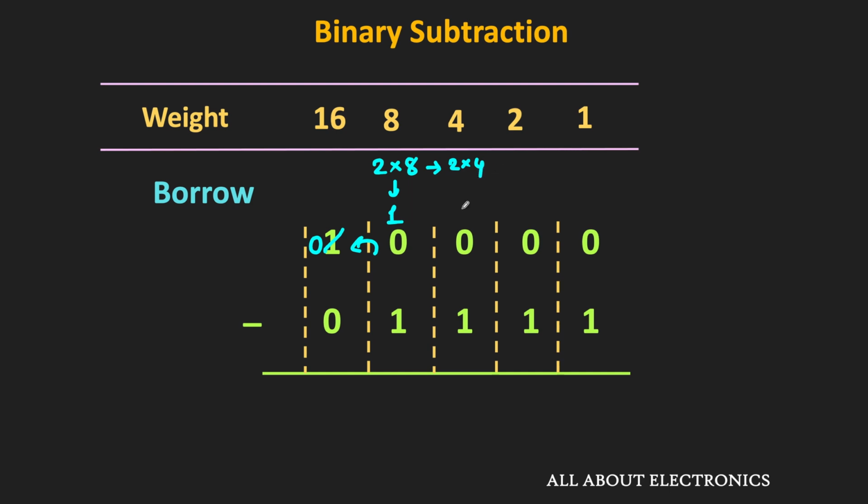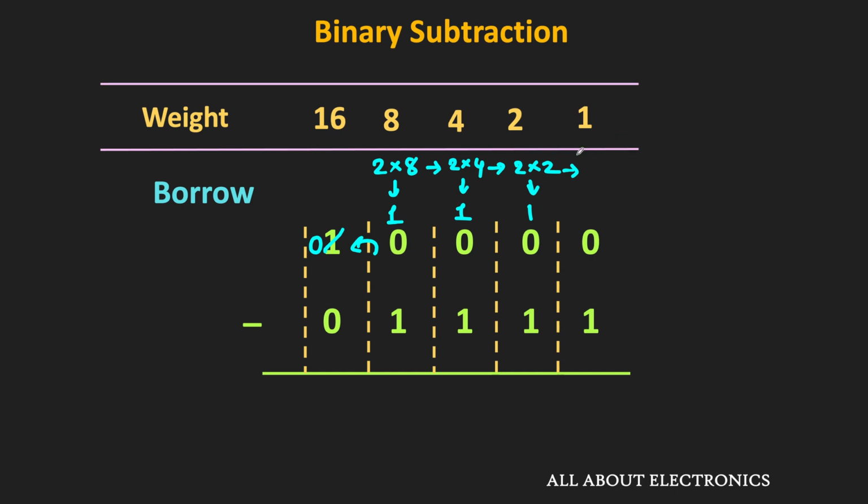So out of the 2 4's, once again, the 1 will be kept in that particular column and the 1 will be given to the next column. So once again, this 4 can be written as 2 times 2. And once again, out of the 2 2's, the 1 will be kept in that particular column and the 1 will be given to the next column.